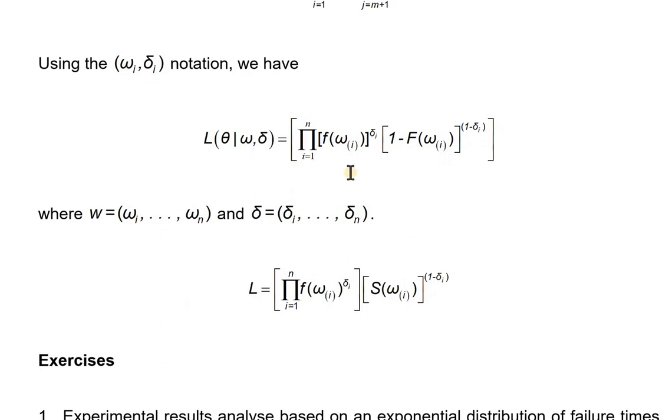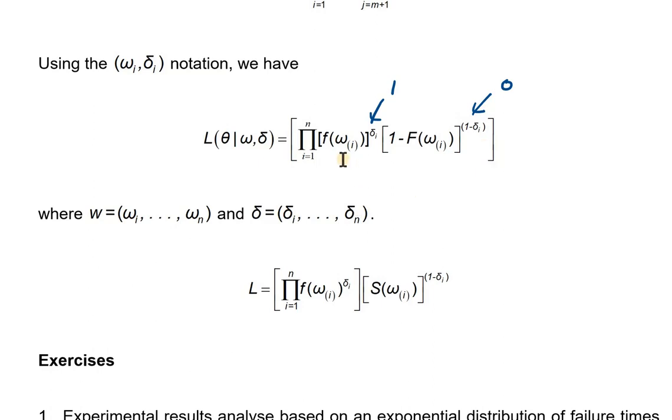For the uncensored part, the PDF function will take the power of delta. Delta can be 0 or 1. For the censored part, the power is 1 minus delta. We know that delta will be 1 because it is uncensored, and this one will be 0 because it is censored.